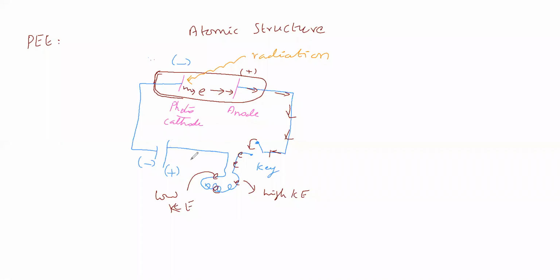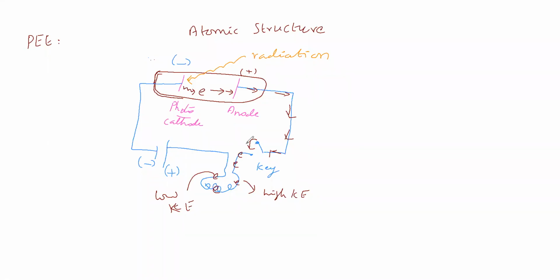That's what is happening. This process is called the photoelectric effect. That electron should carry this radiation energy and bring it to this bulb, convert the kinetic energy into light energy, and become low kinetic energy and reach this place.